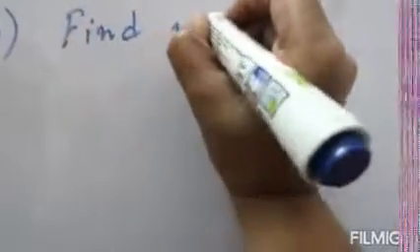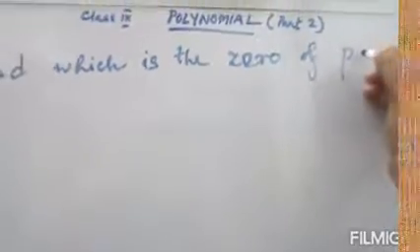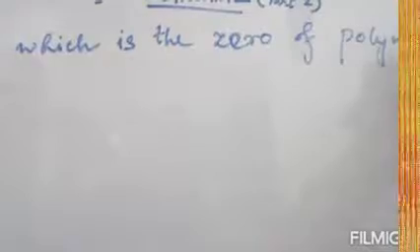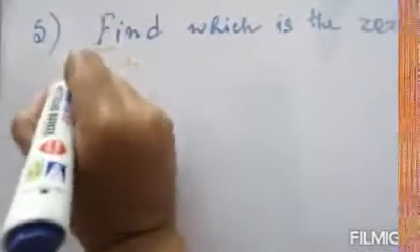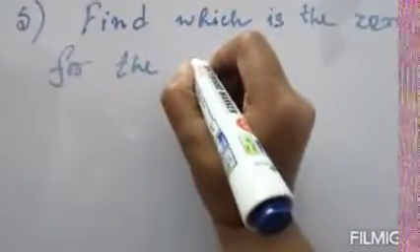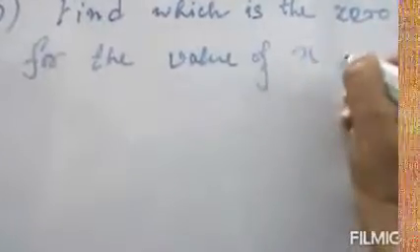Find which is the zero of the polynomial for the value of x.